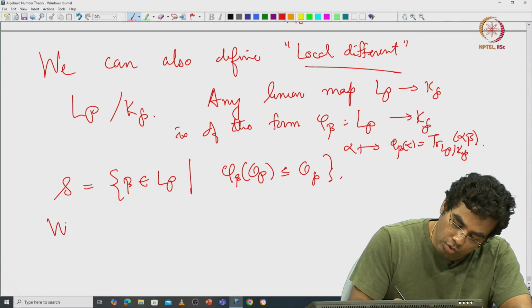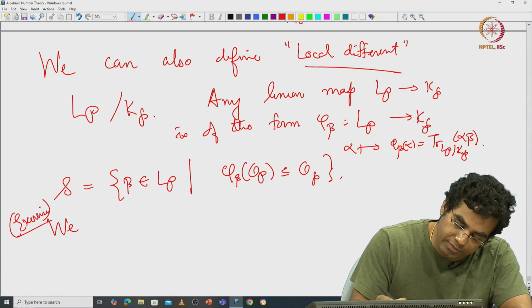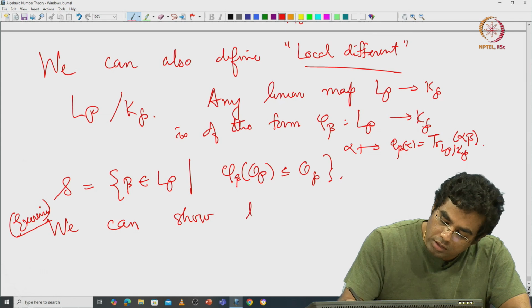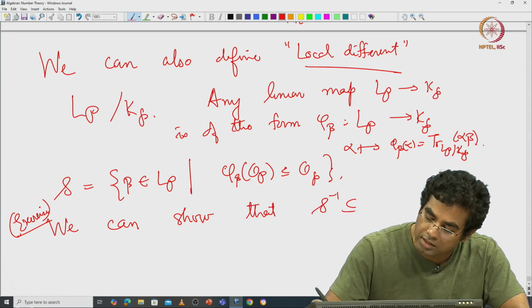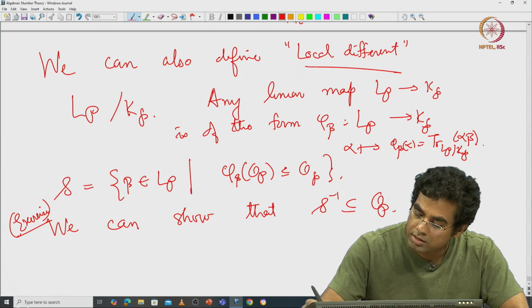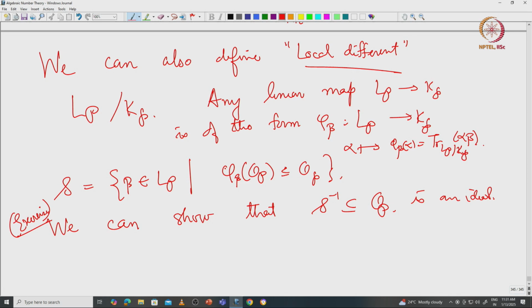Again we can show, so take this as an exercise because it is a repeat of the first exercise, that S inverse is contained in O sub capital P and is an ideal. Okay. All right.